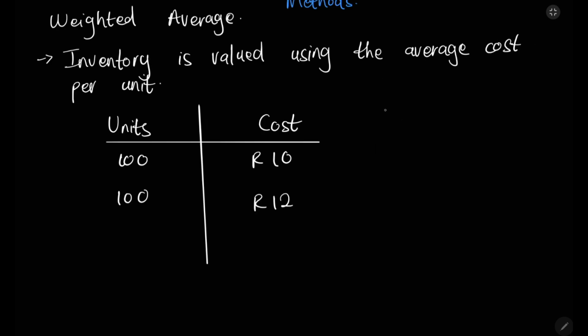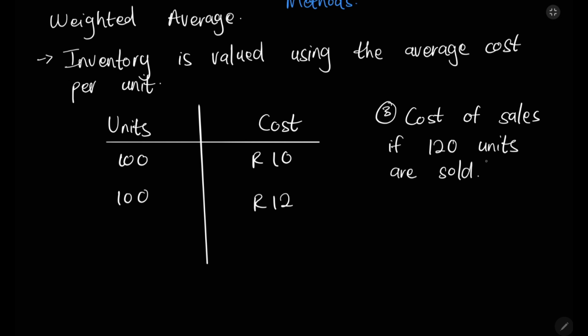So what if they say cost of sales if 120 units are sold? Remember, you calculated your average cost, which is 11 Rand, right?